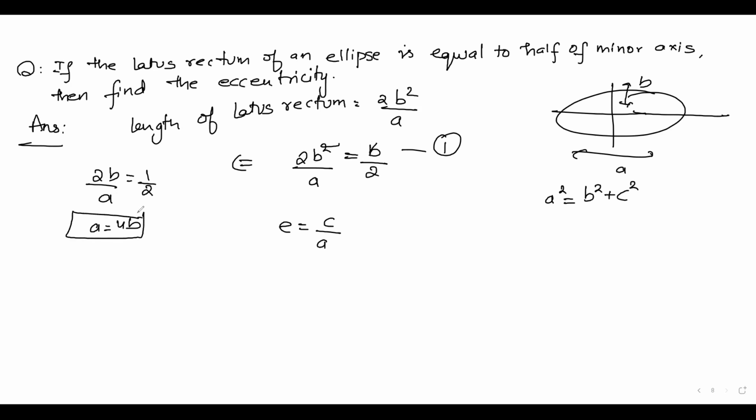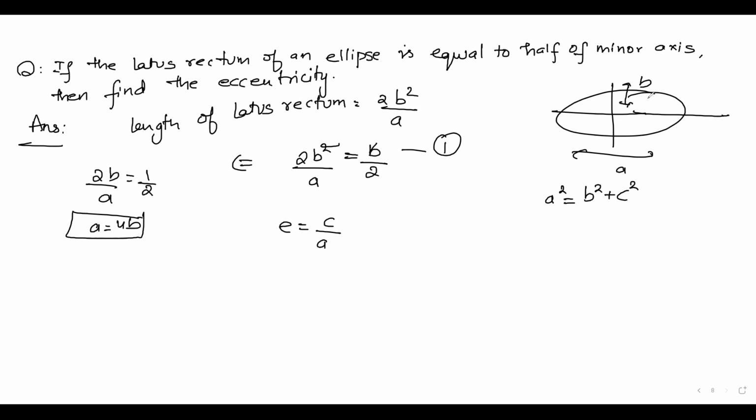Is this clear? Now what we will do is put this a is equal to 4b. Just let me think. They're saying this is equal to half of the minor axis.